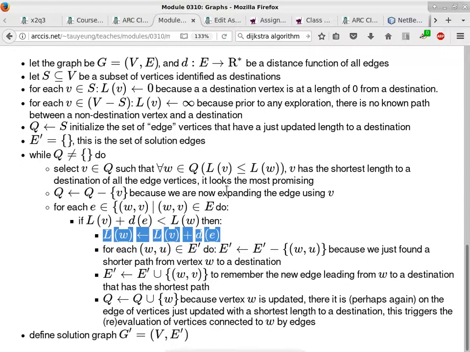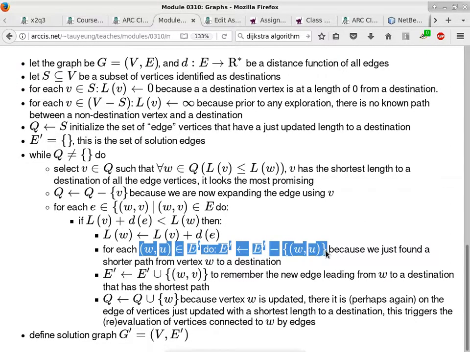You find a shorter path, you update the length of the shortest path to a destination. So is the highlighted line okay? Should we move on? Okay. So the next line is really kind of confusing. It's basically saying, forget what we knew about that previous path.